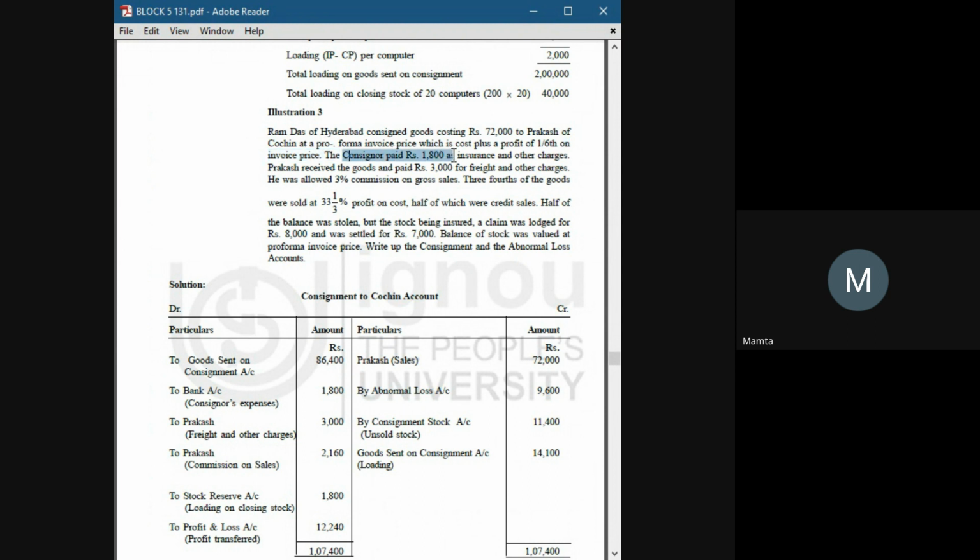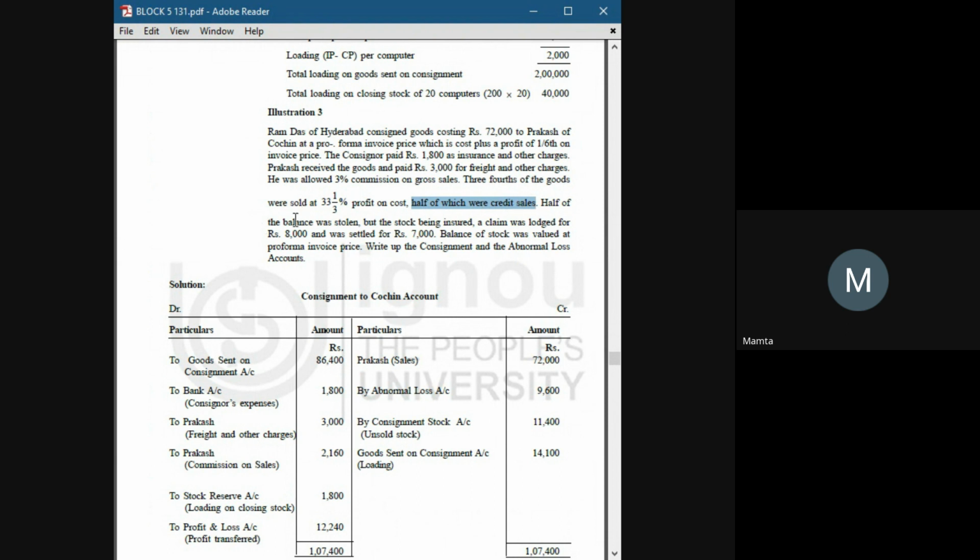The consignor paid rupees 1,800 as insurance and other charges. Prakash received the goods and paid rupees 3,000 for freight and other charges. He was allowed 3% commission on gross sales. Three-fourths of the goods were sold at 33.33% profit on cost, half of which were credit sales.